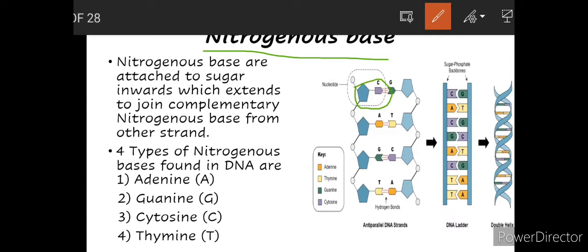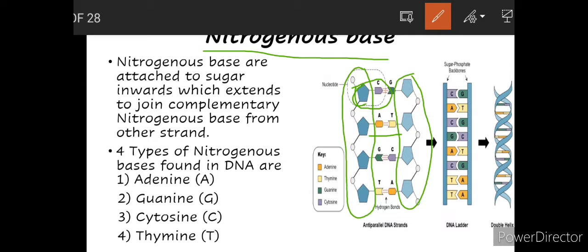You can see here they are attached to sugar, and sugar is attached to phosphate. This is a DNA backbone, and these are nitrogenous bases.